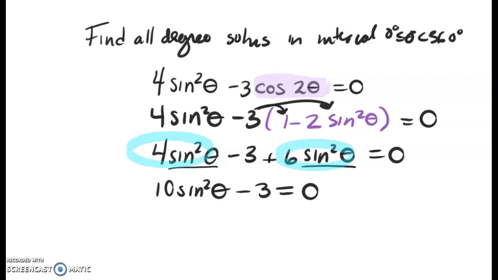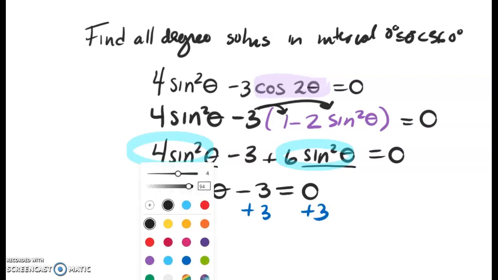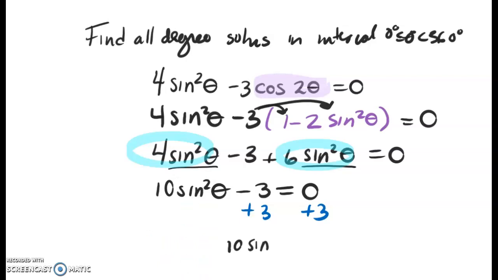And now with these problems, I always try to isolate the sine of theta. So the first thing I'm going to do is add 3 to both sides, and I end up with 10 sine squared theta is equal to 3.